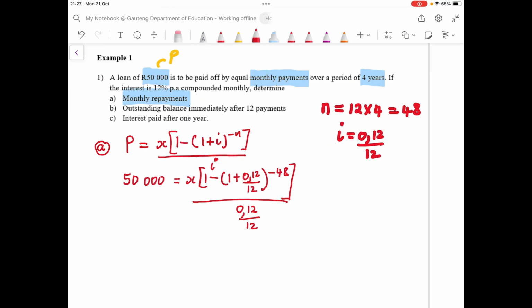Now we are looking for X. So we can cross multiply first. X is equal to 50,000, cross multiplied by this denominator, so it is multiplied by 0.12 over 12, and then divided by the bigger bracket.